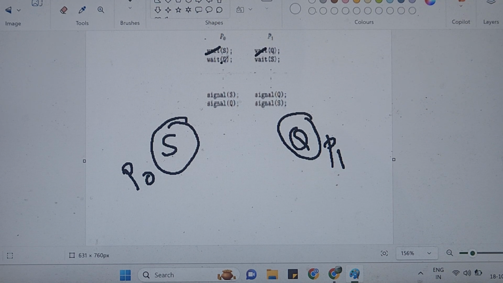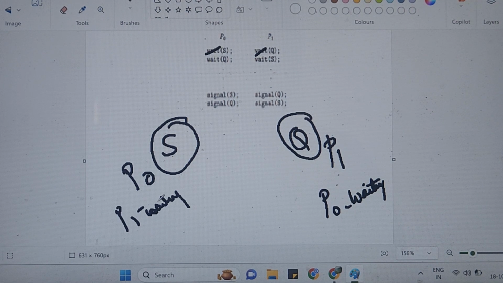Next, P0 is waiting for Q. So this resource is needed by P0. It comes here, it issues a wait function, meaning this one is already taken up. So P0 has to wait. So P0 is waiting, right. Meanwhile, on this side, P1 issues a wait call for S. P1 comes here, sees that this has been taken up. So here P1 is waiting.